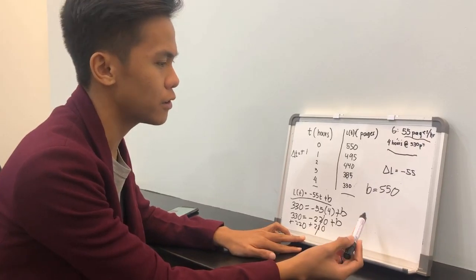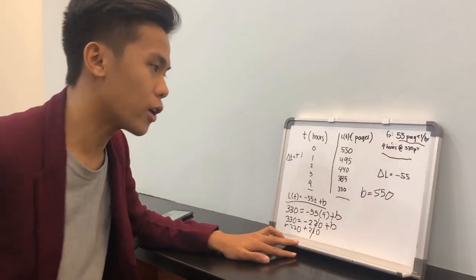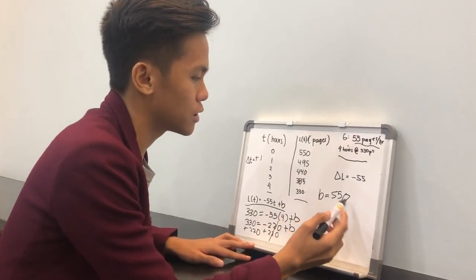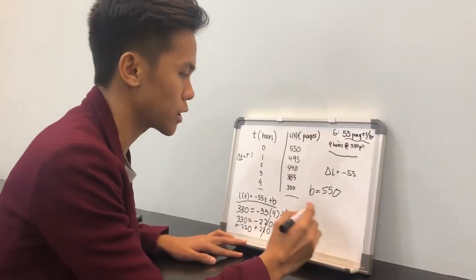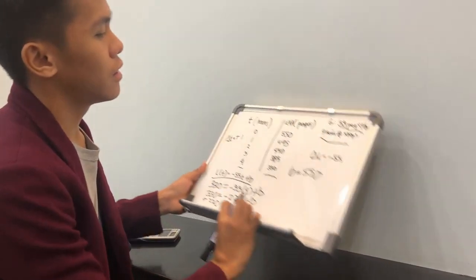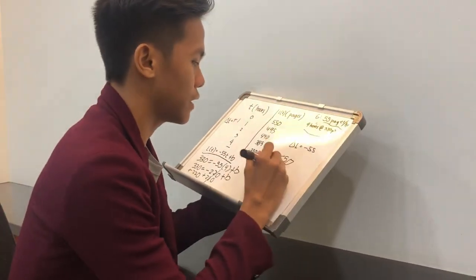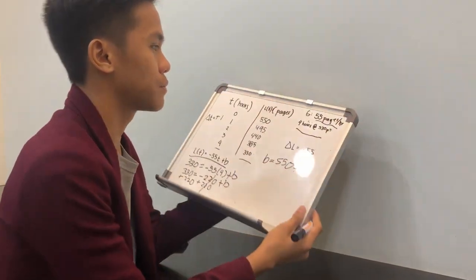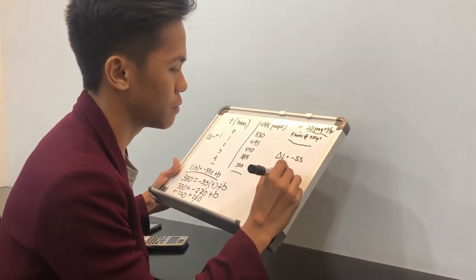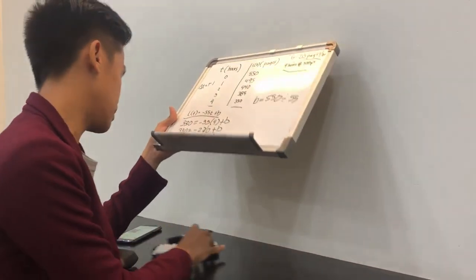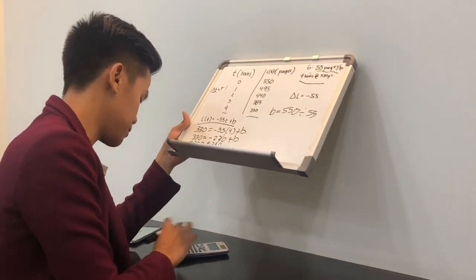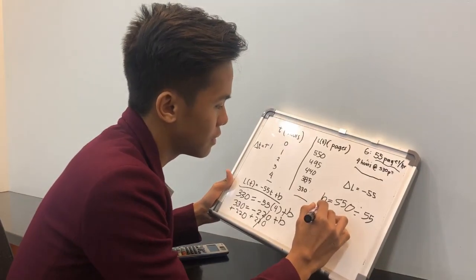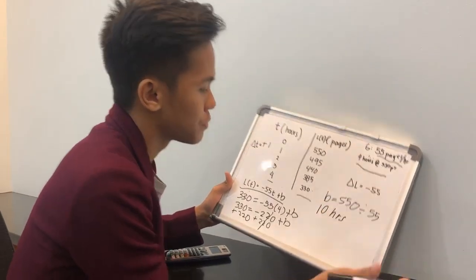So now that we know the initial pages of the book, which is 550, we can figure out how long the reader spent to read the whole book. We can just divide 550 by 55, and the answer will be 10 hours.